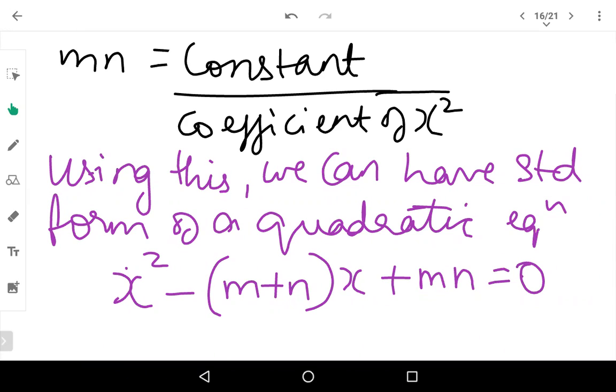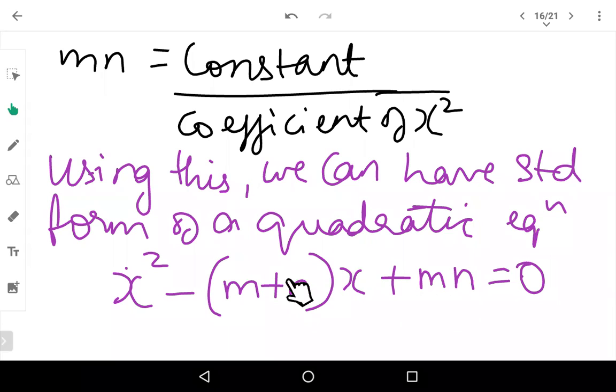Now using this we can have the standard form of a quadratic equation. Using the sum of the roots and the product of the roots, we can bring it to the standard quadratic equation format.